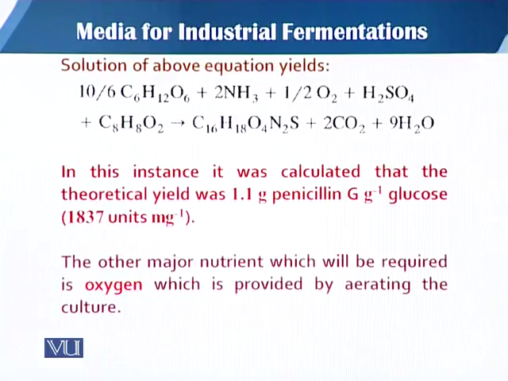In later chapters we will talk about the importance of aeration and agitation, and the factors that affect dissolved oxygen, which is very critical, as well as the supply of oxygen and ultimately product formation.